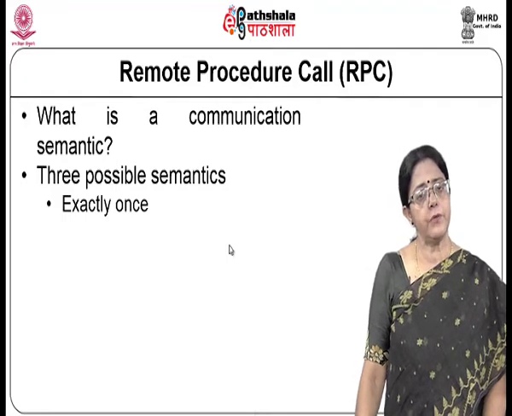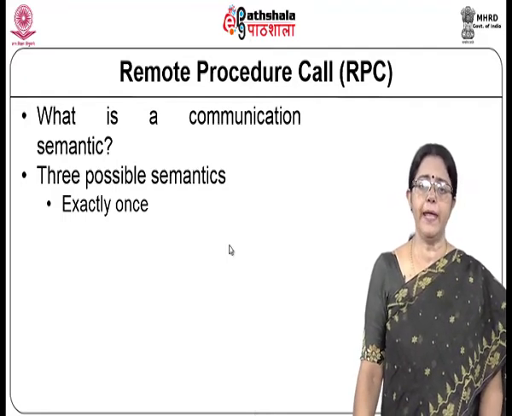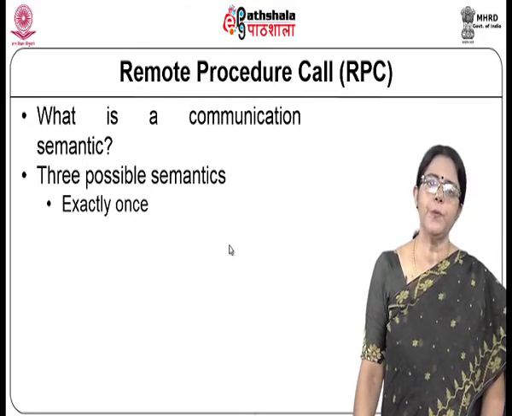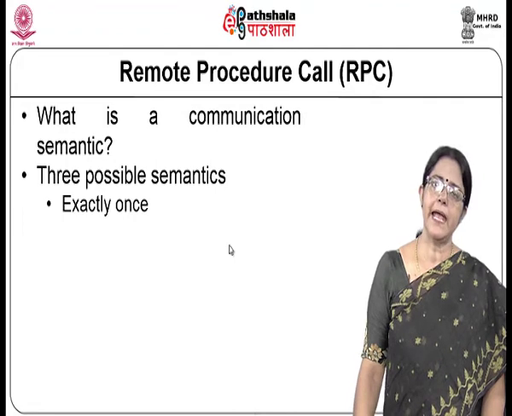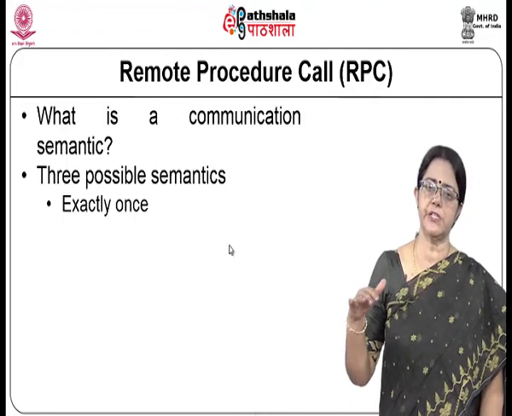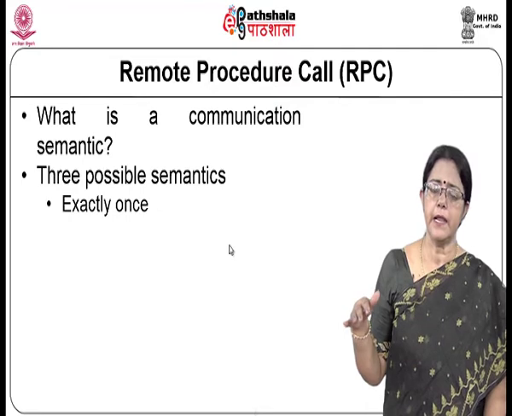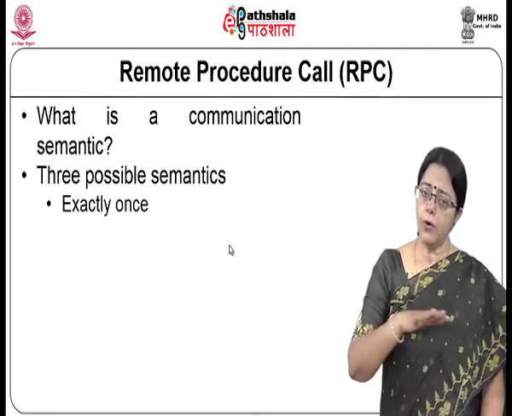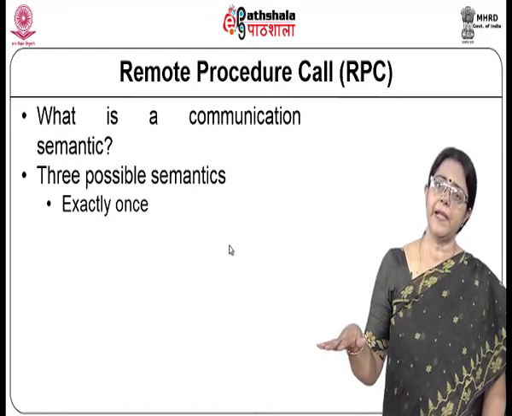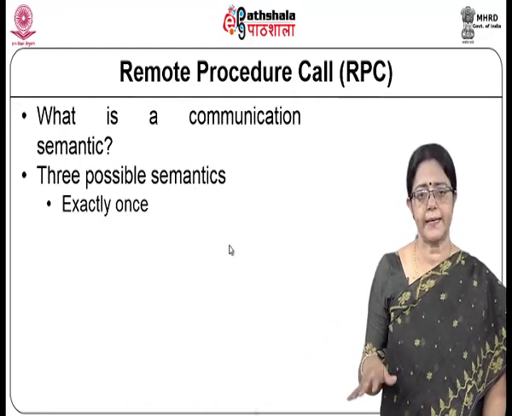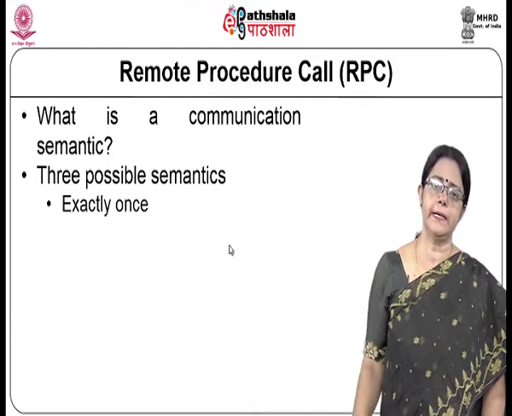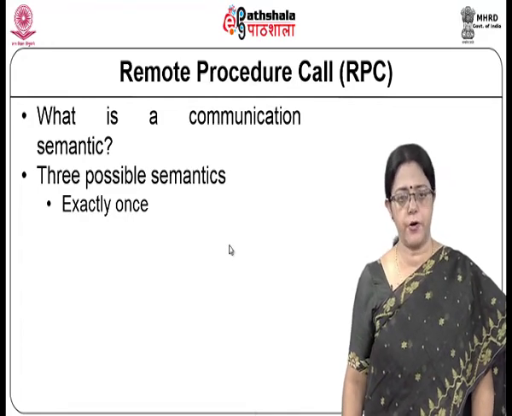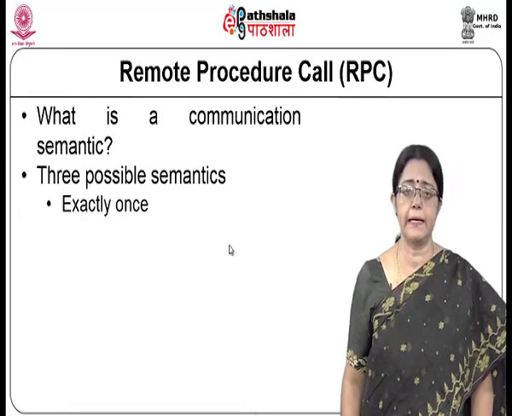Although we know that to make the communication happen, we need to retransmit and duplicate messages, as far as the higher level of communication is concerned, if the senders and receivers demand exactly once semantics, all the underlying mechanisms must take care that there is no reflection of the retransmissions and disturbed ordering. So, that is called exactly once.